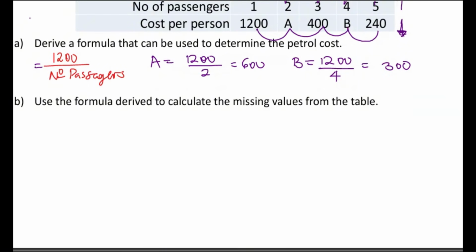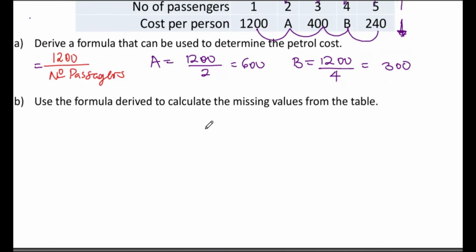A, we've used it there. B, unfortunately, there's no C, and this marks our first part of patterns and relationships.